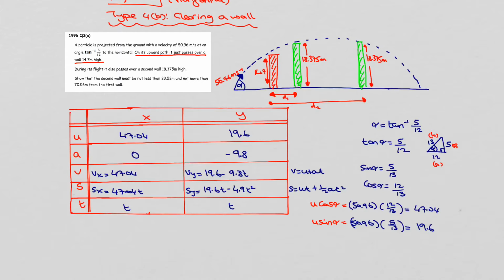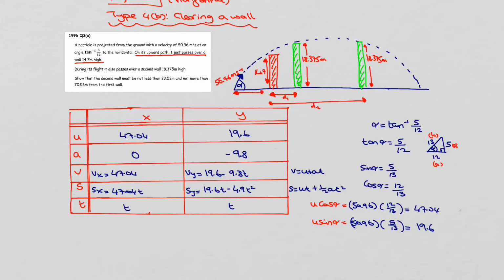So therefore we know that we can work out the time at which the particle is just clearing the wall. Now, if we can work out the time at which it just clears the wall, then if you look at the diagram, that's going to allow me to work out the distance from the initial position of the particle to where it just clears the wall.